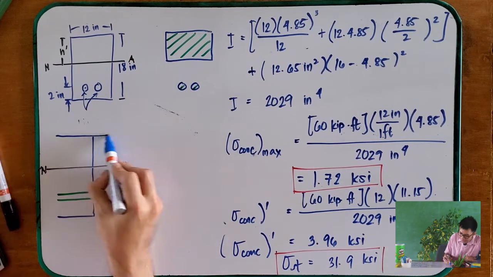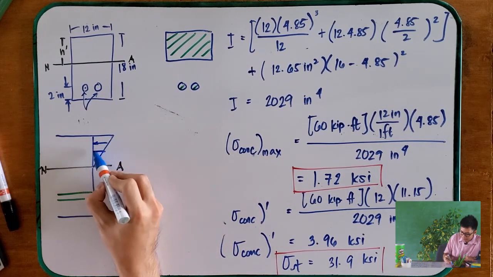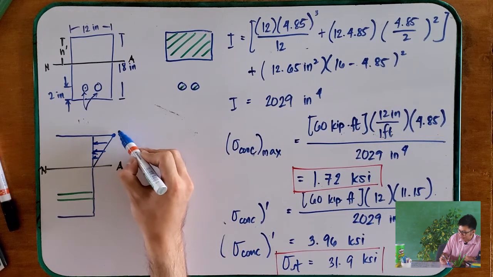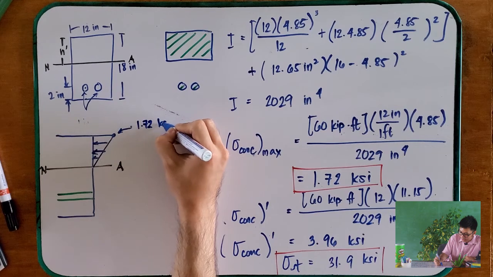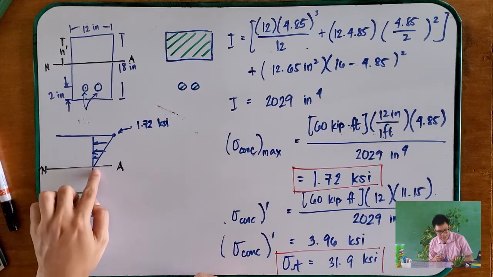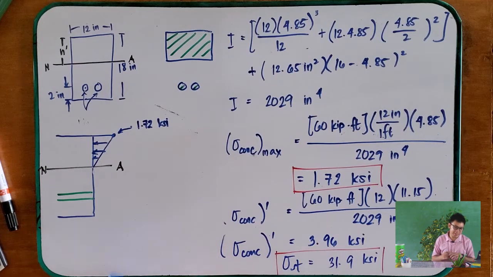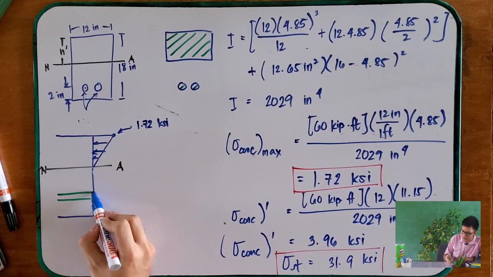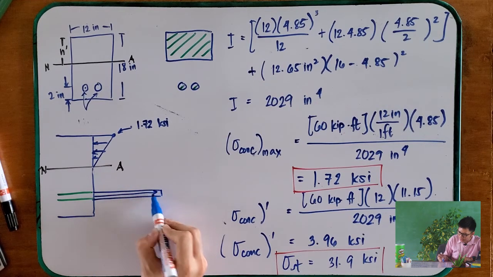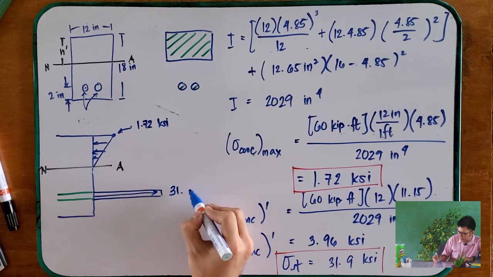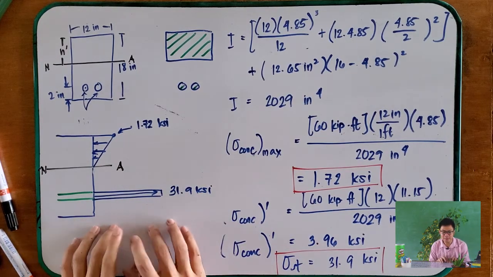What happens here is compressive stress, and the maximum at that point is 1.72 KSI. And then there is no tensile stress at the bottom for the concrete, because concrete cannot support tensile stress, and only the steel supports it. And your steel supports a tensile stress of 31.9 KSI. Okay, that's it.